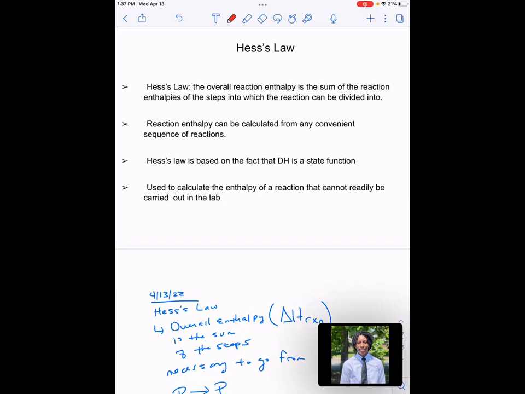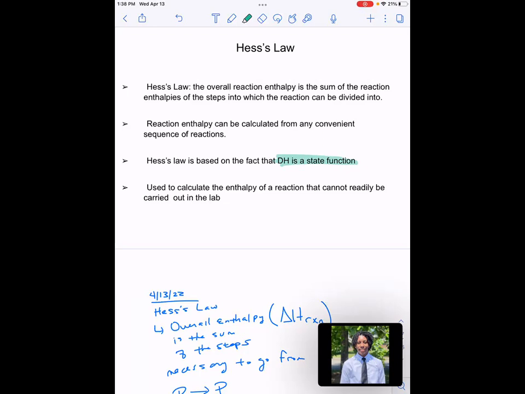And it's based on the fact that delta H is a state function again, and you can calculate the enthalpy of any reaction that can't readily be carried out in a lab. All that's saying is you can do certain reactions and look at their delta H values and use those values and the reactions themselves to come up with a delta H for a reaction that you can't carry out in lab, right?